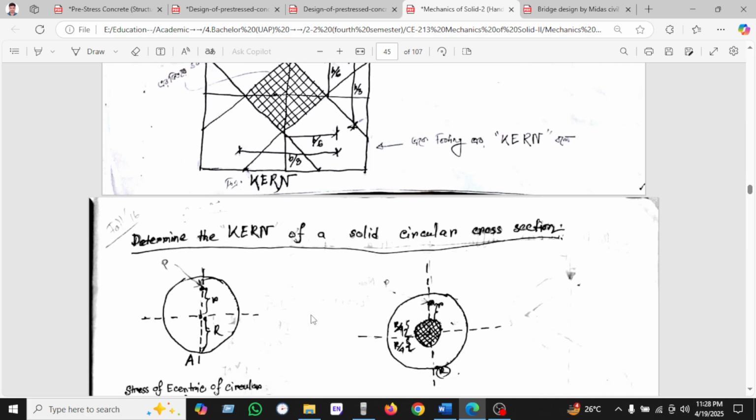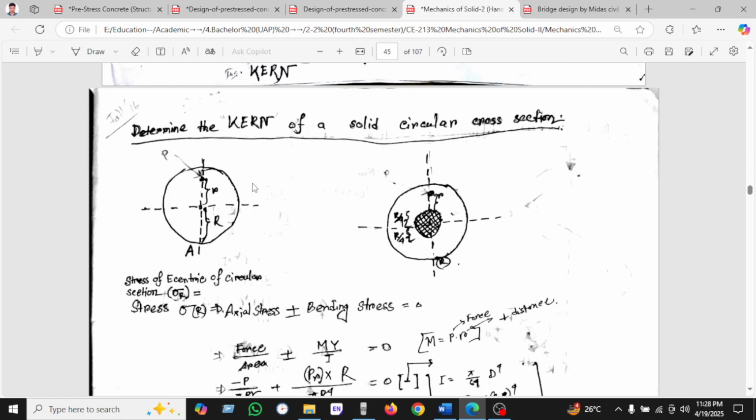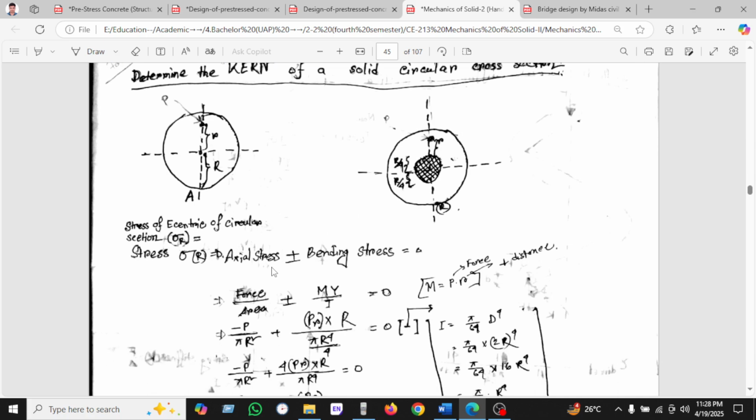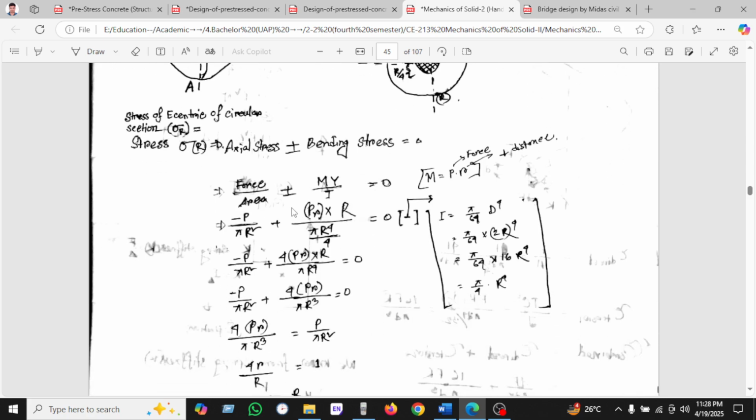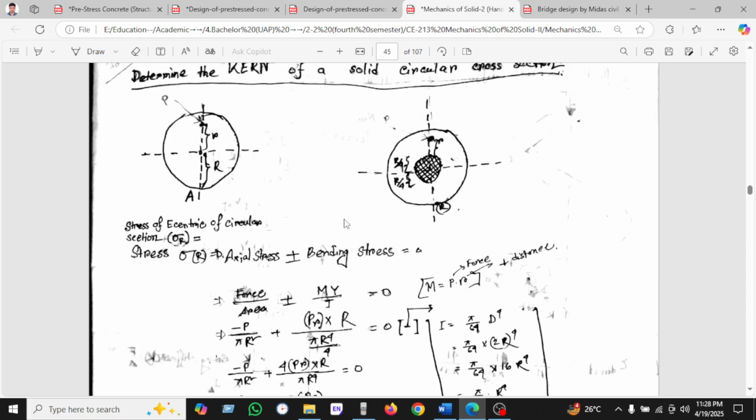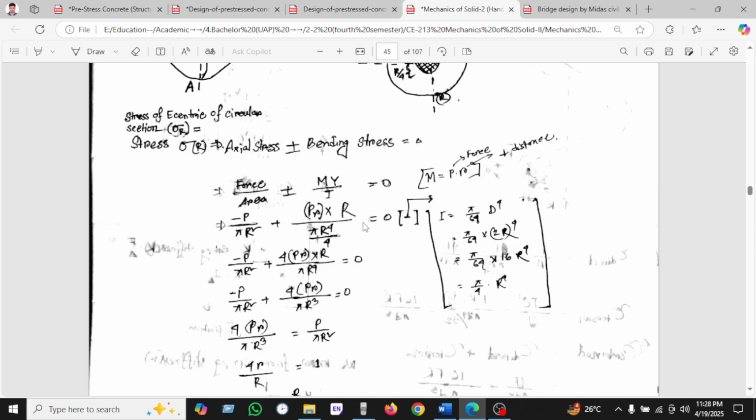Okay, so let's see how to determine the kern of the solid circular cross section. If the cross section is like this, and the load is applied eccentrically at a distance from R, then we have found this value. As we know, the axial load and bending stress, force over area plus My by I equals 0, and putting the force over area pi r square, as this is circular. And how do we calculate the I?